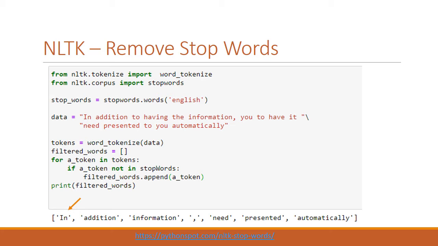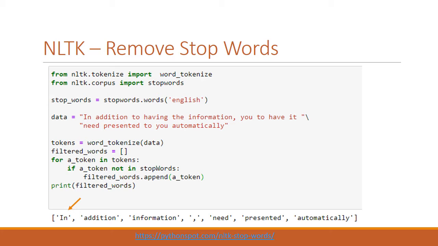So now stop words is a list of strings representing stop words. We initialize data to our sentence. Then we tokenize that sentence. So our tokens is now a list of strings representing tokens that were created from our sentence.